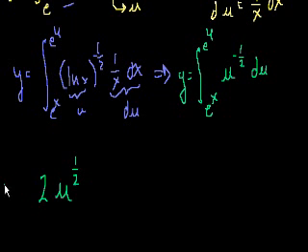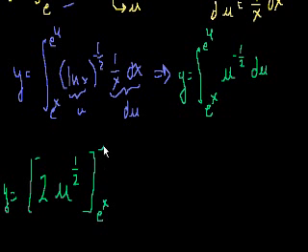So we say y is equal to this expression evaluated between e to the x and e to the fourth. You evaluate it at e to the fourth first, and then subtract it, evaluate it at e to the x after that.